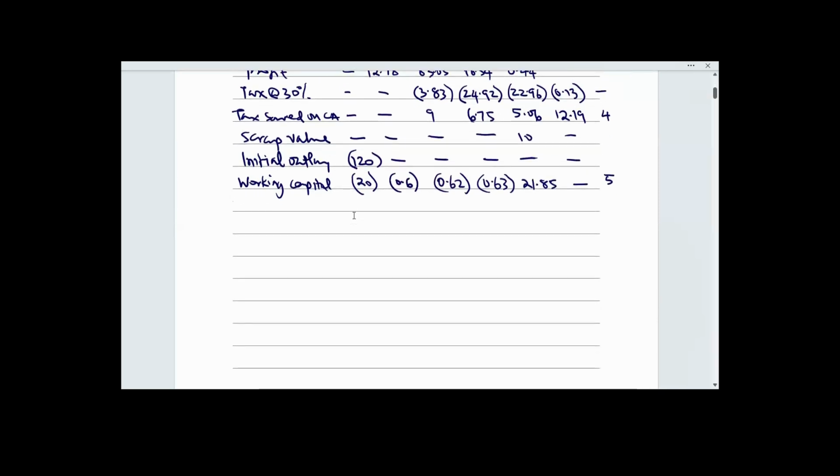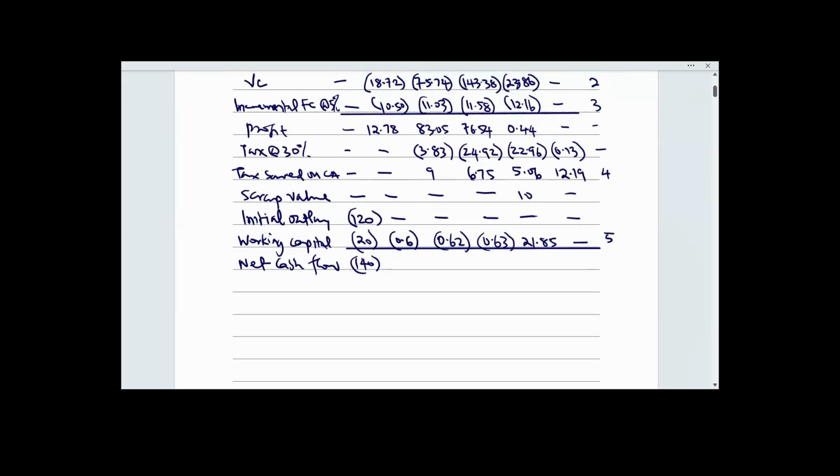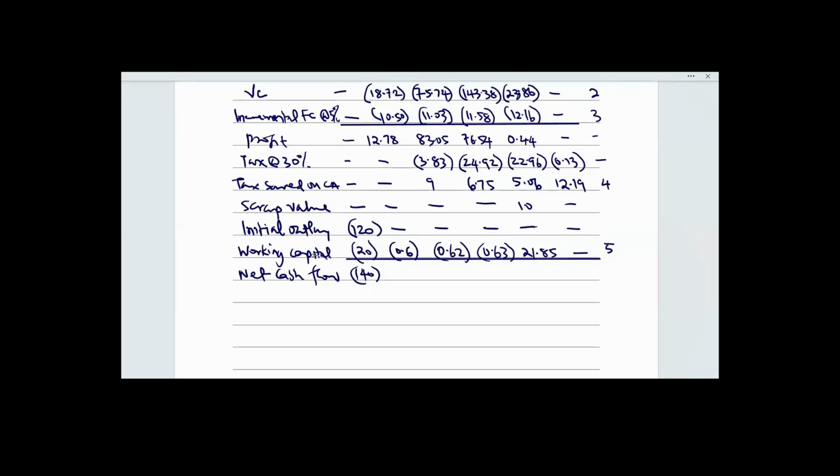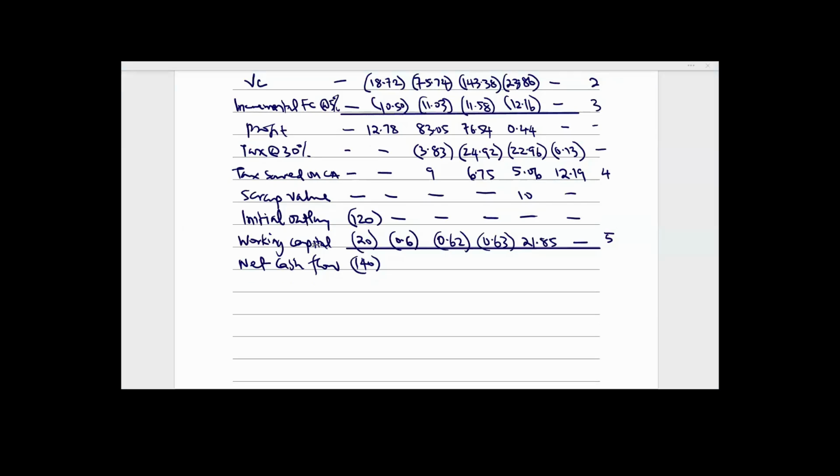Okay, so after this, we need to determine the net cash flow. The first year 0 is 140 million. This is net cash flow. So with this net cash flow, you can calculate anything. You can use any technique to determine the financial viability. So I have 12.78 minus 0.6 equals 12.18.